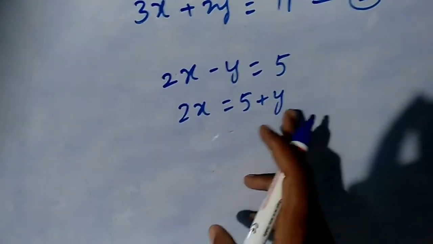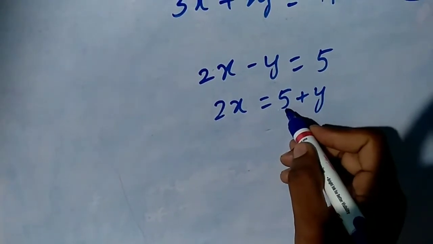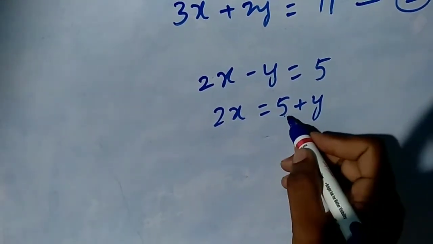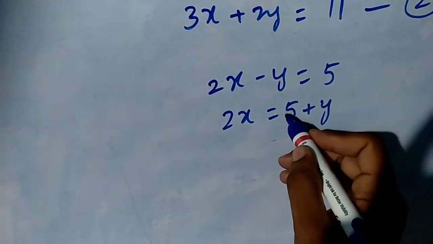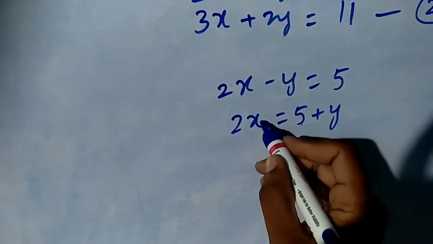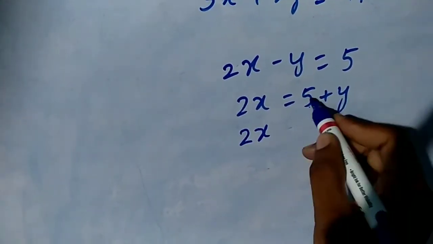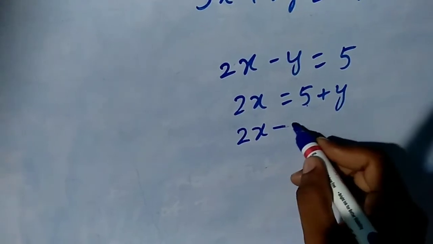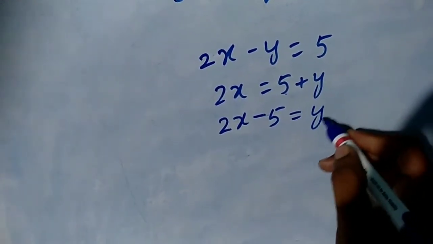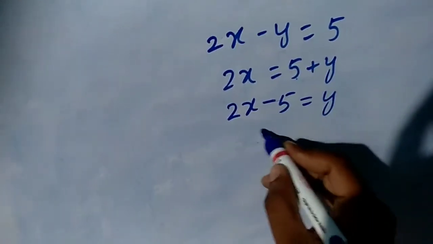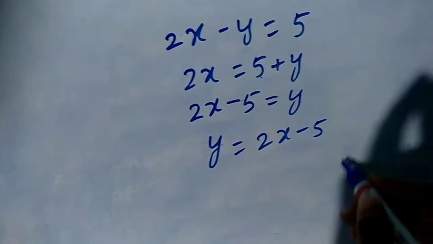Now transpose 5 to the LHS. Here it is having a plus sign, so when transposing to the LHS it has a minus sign. So plus becomes minus. 2x minus 5 is equal to y. So we are writing it as y is equal to 2x minus 5.